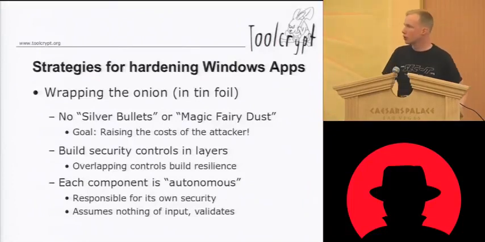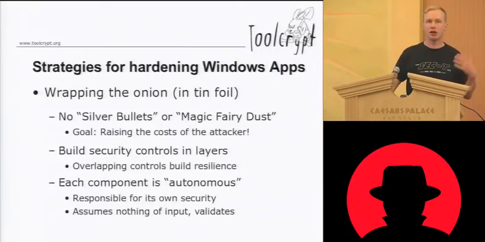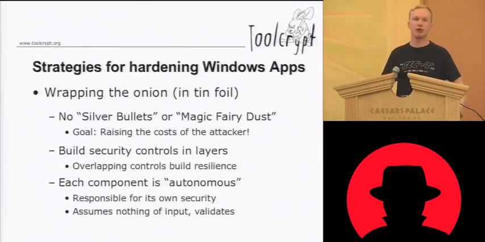Look at each component in isolation, and make sure that it's responsible for upholding the security of itself by verifying its inputs and making sure it produces safe output as well. Assume nothing but validate everything.